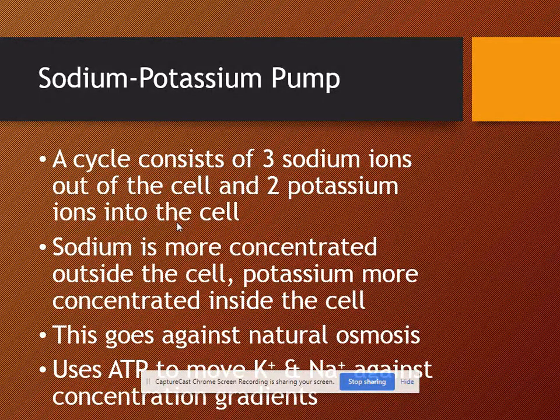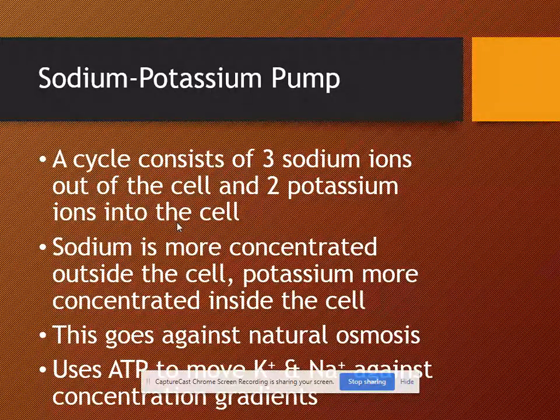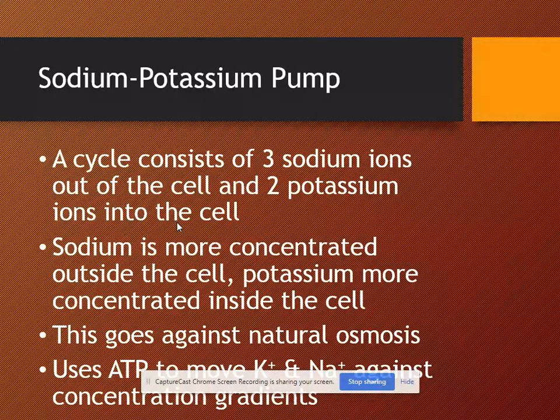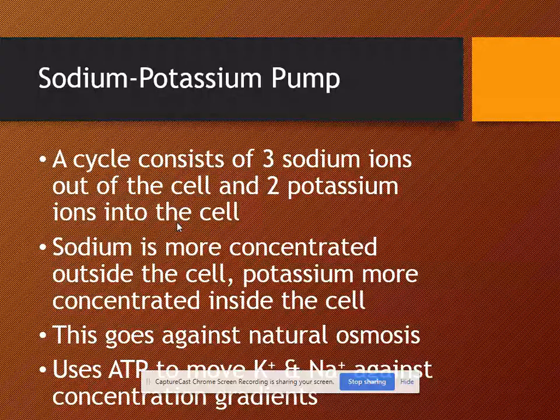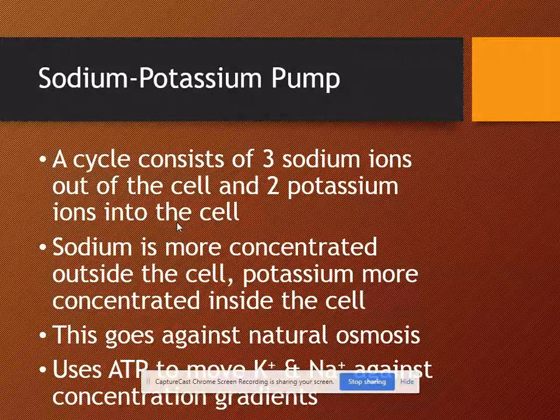Now, because we have the difference in concentration, it goes against what we have with natural osmosis. In order to get more potassium into the cell or get more sodium out of the cell, we have to move them against their concentration gradients. In other words, we're moving from low concentration to high concentration.